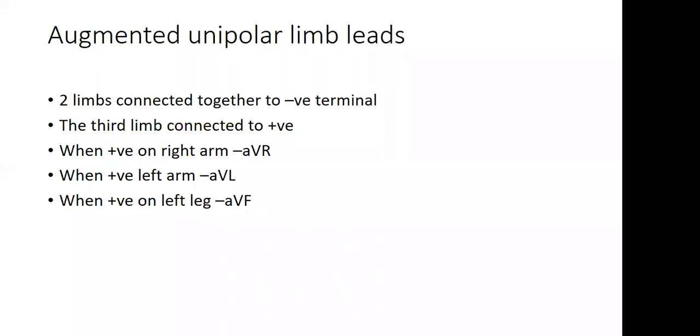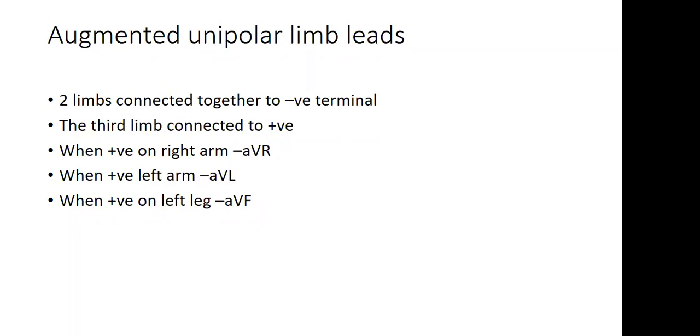Similarly, if the positive electrode is connected to the foot, the left leg, and the two arms, right arm and left arm, are connected together and then connected to the negative terminal, then we get AVF. In this way, we record AVR, AVL, and AVF.